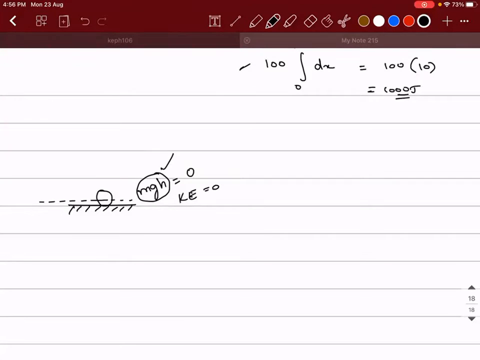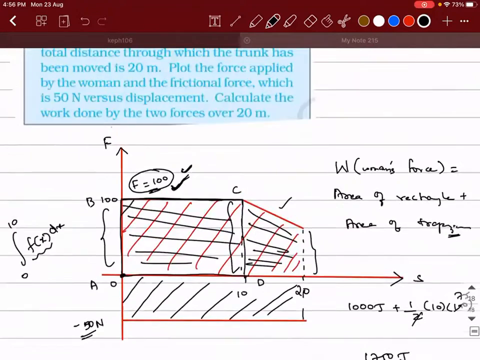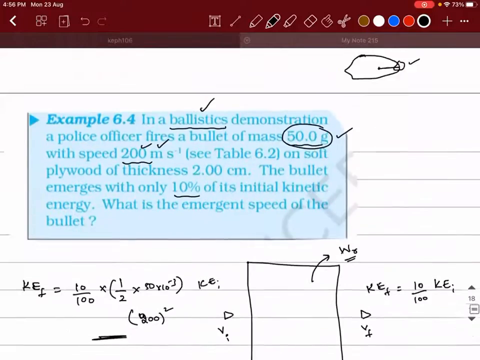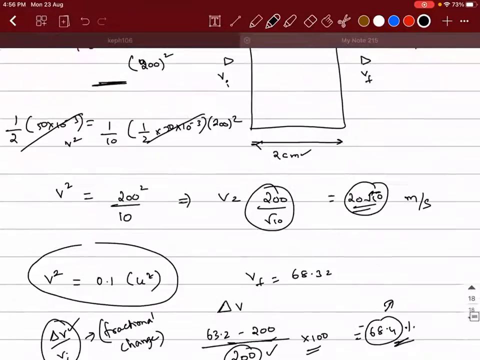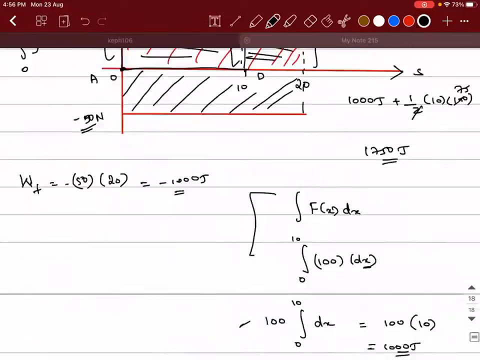Kinetic energy is also 0 unless you tell me that it is given a velocity u in the upward direction. If it is given in this direction, then this was taken as maximum. Okay, sir. That is the same logic I used in some problem also, the ballistics one, and the inclined plane problem that we did now.